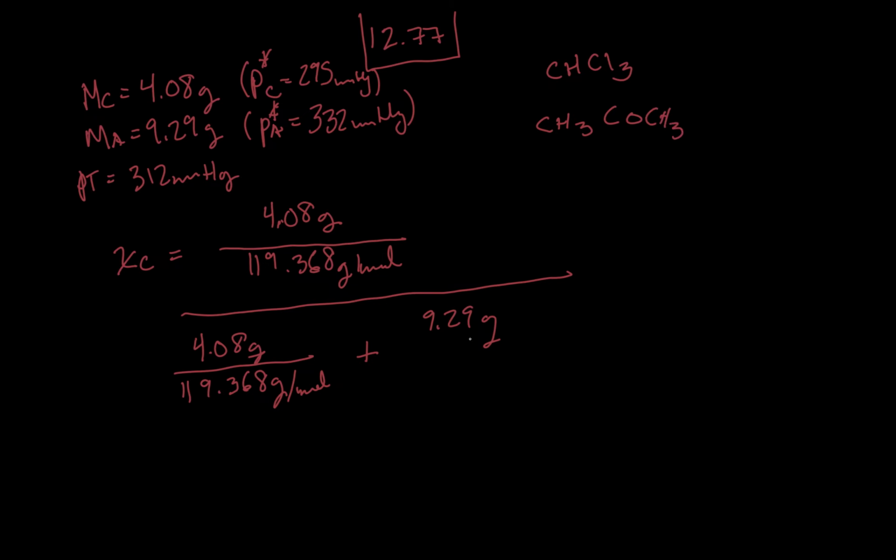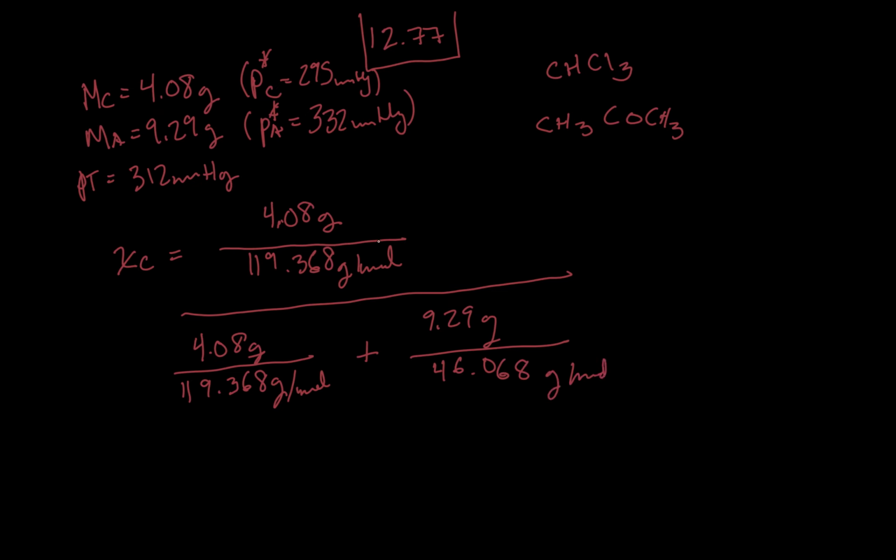So we have 3 hydrogens, we have 2 of those, plus 1 oxygen. That gives 46.068 grams per mole.